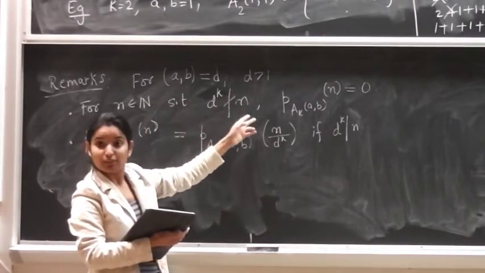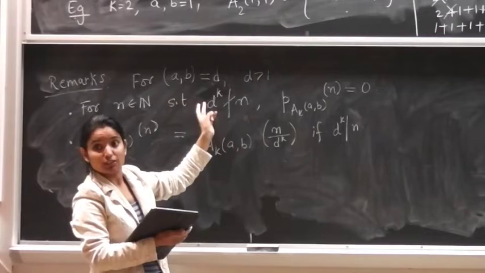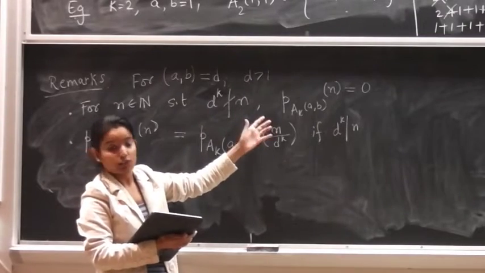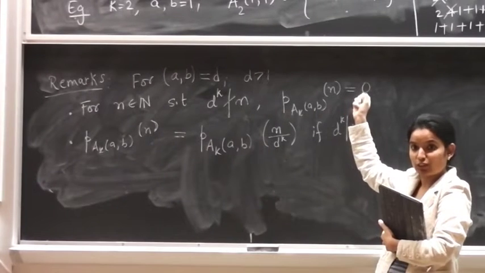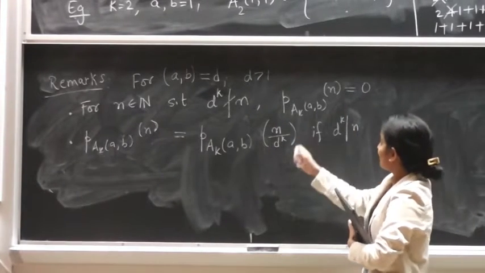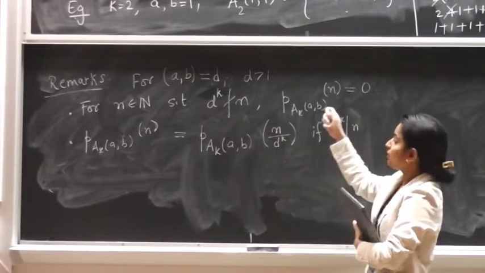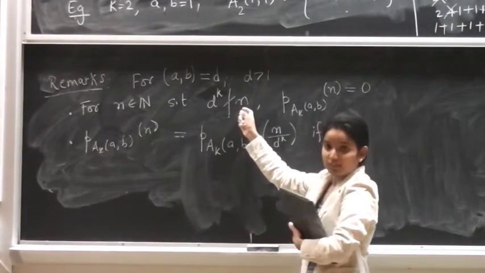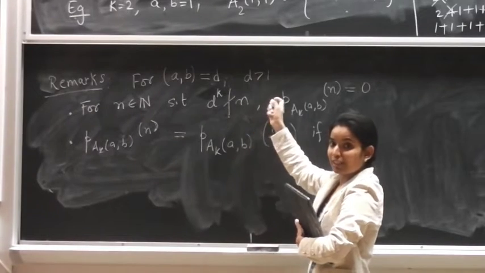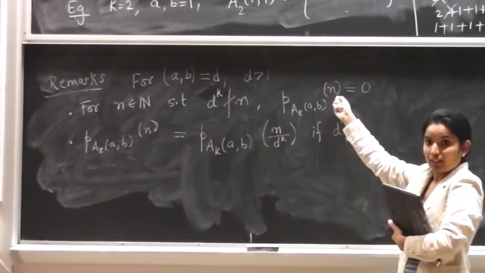You will have n's for which d to the power k does divide n. Now you want to know for how many n's this is true. And from here you could see that there are many numbers for which d to the power k does not divide n. If there are infinitely many, then you are already done.